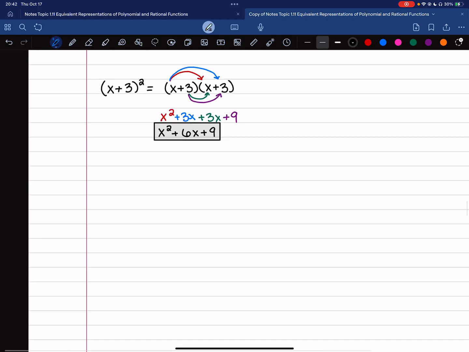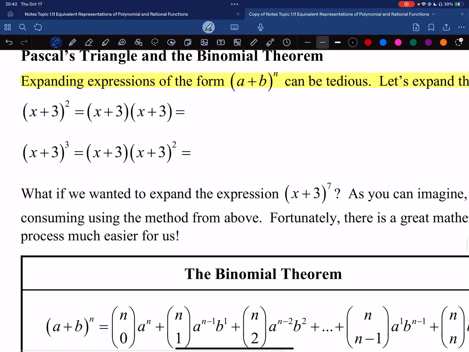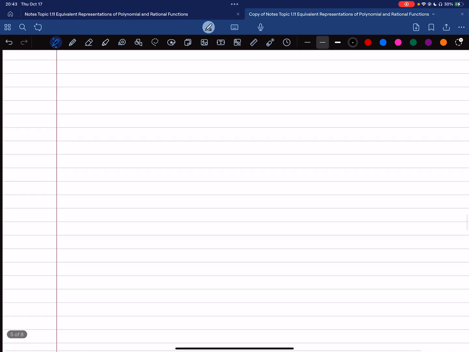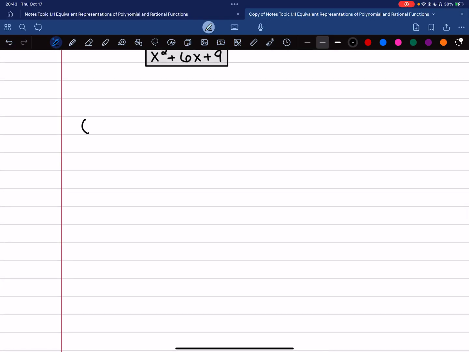Okay, so I'm going to go back to the notes and write this out, that this multiplied out into x squared plus 6x plus 9. Now I'm going to go back over here, and now we're going to multiply out x plus 3 to the third power.